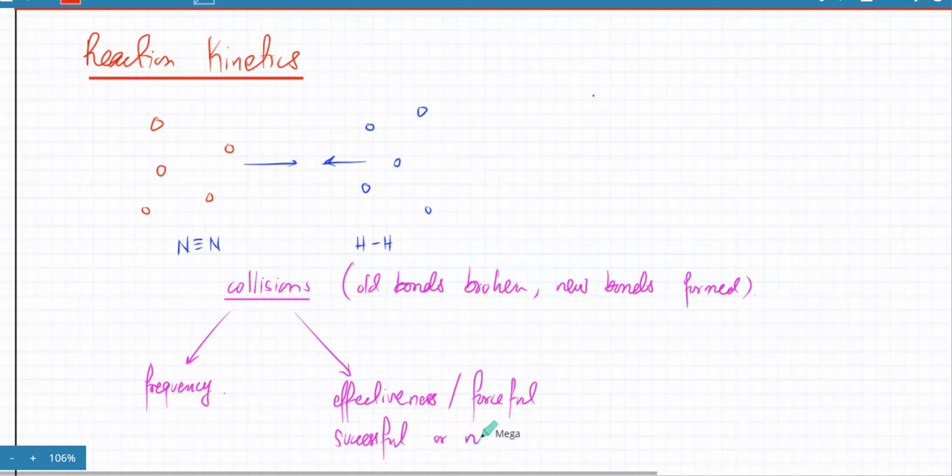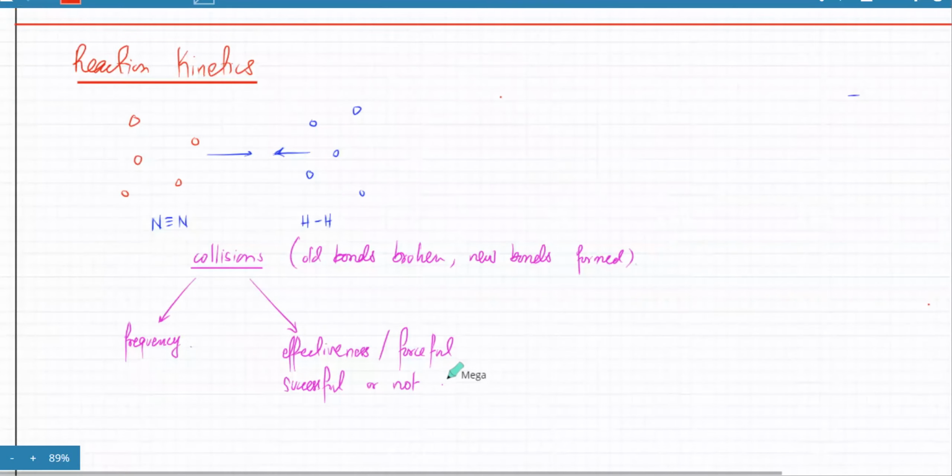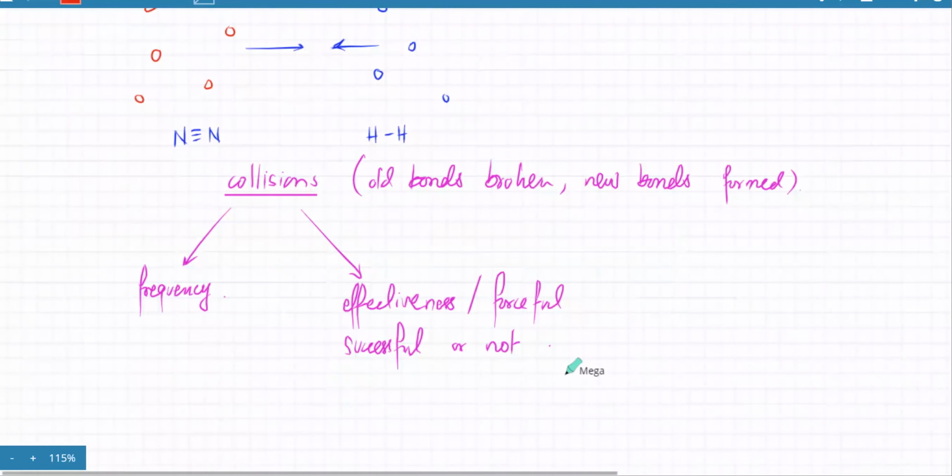Why were they colliding with each other? So that they can break each other's bonds, right? So one is the frequency, the number of times they're colliding, and the other thing is effectiveness.